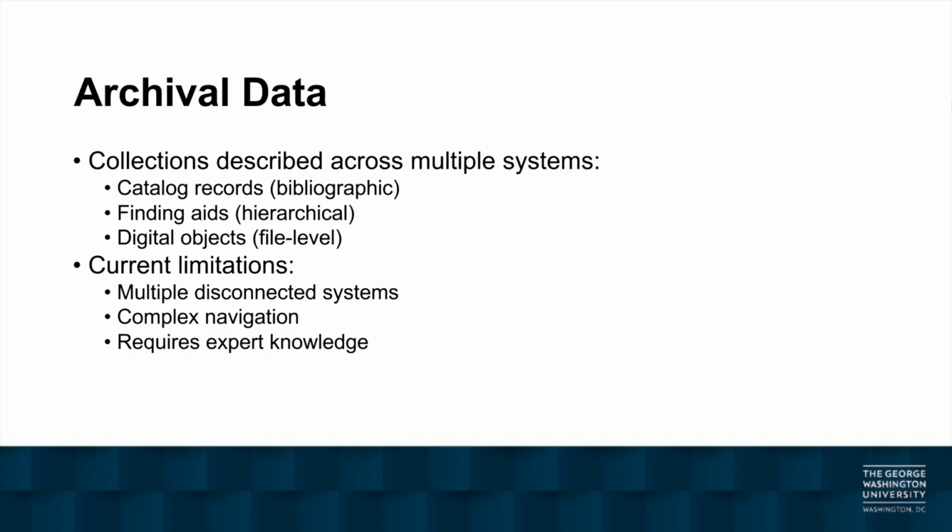So a catalog record might not link to the finding aid. Digital objects might not link back to their source collection, and so on and so forth. And researchers, and indeed us, we have to search in multiple different places just to piece everything together. And that fragmentation makes research unnecessarily complicated and really time consuming.